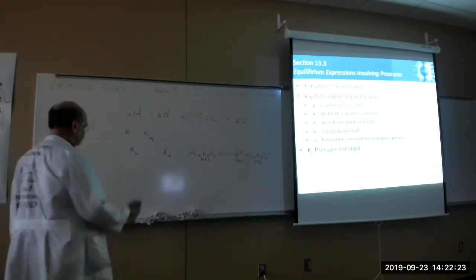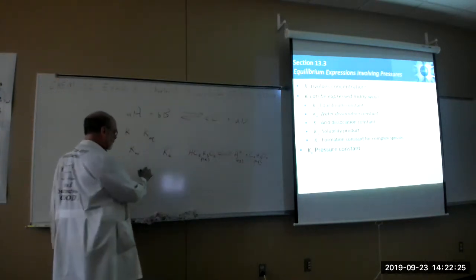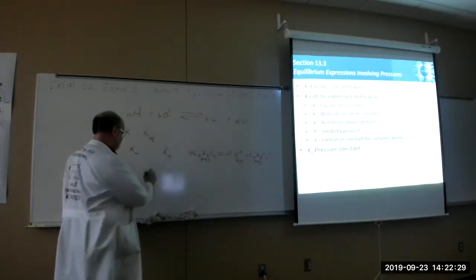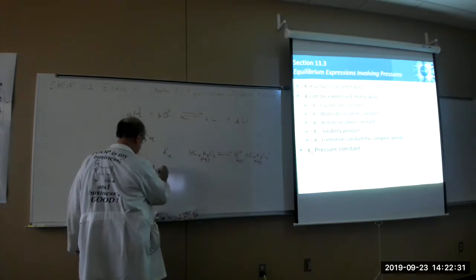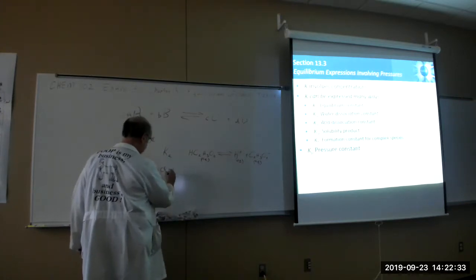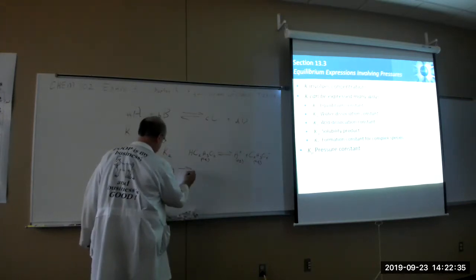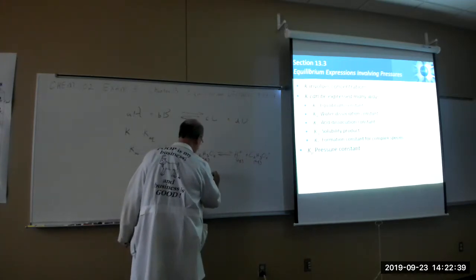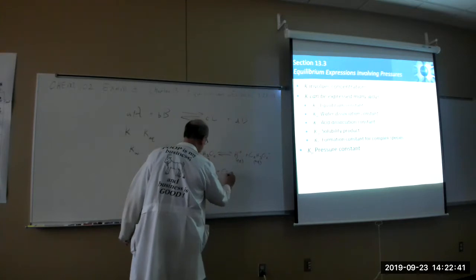Solubility product. So if we have a solid over here of something like, let's see, silver chloride, we'll make silver ions in aqueous solution plus chloride ions in aqueous solution.